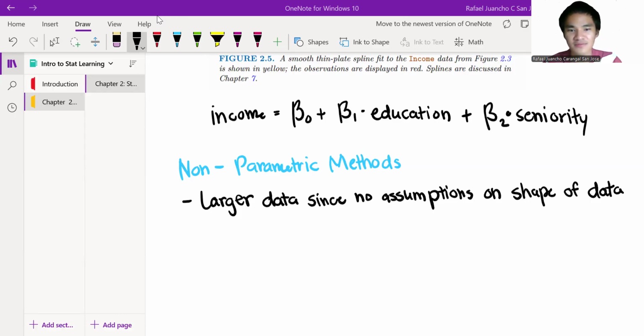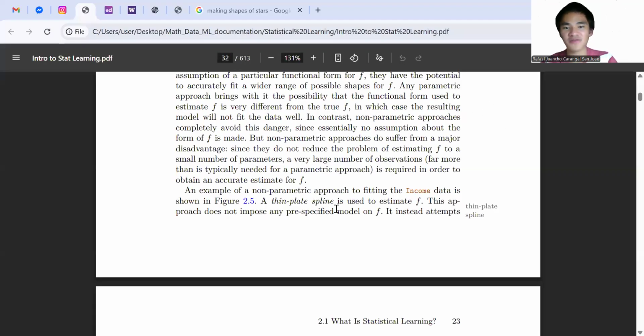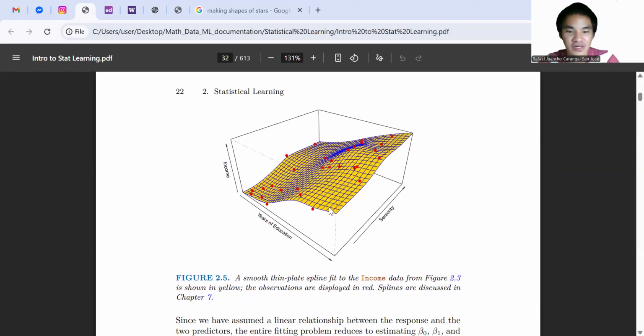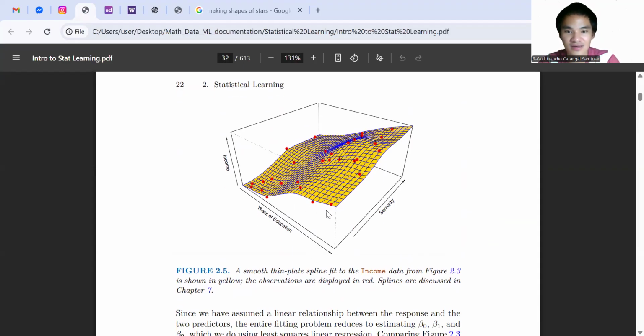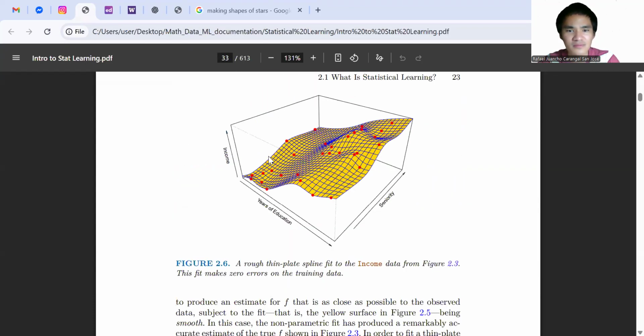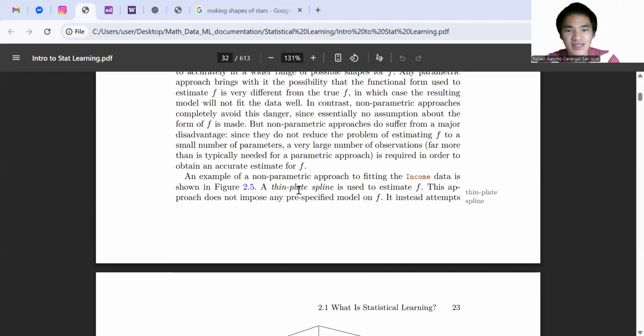Okay, let's go back. An example of a non-parametric approach to fitting the income data, with the education and the seniority, is shown in figure 2.5. That's actually a non-parametric way. The spline fit is a non-parametric method of fitting the data. A thin plate spline is used to estimate f, and this approach does not impose any pre-specified model on f.